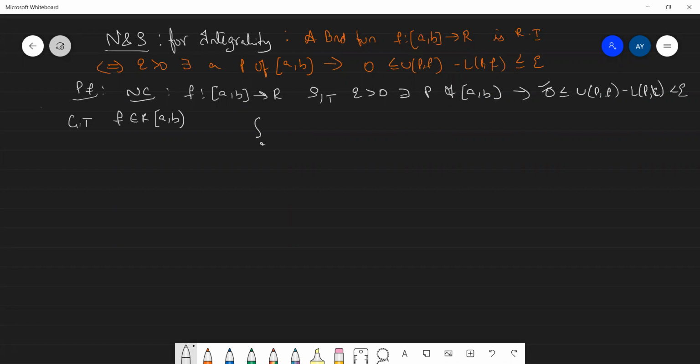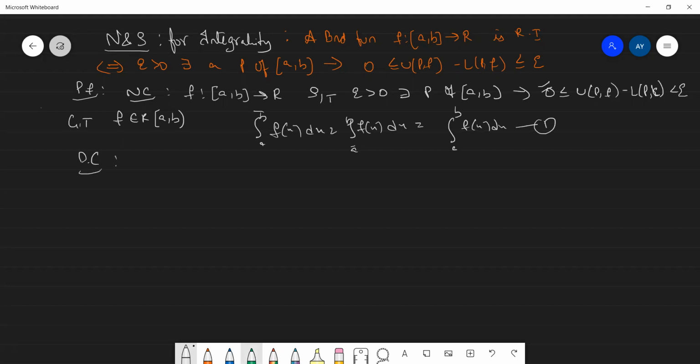The upper integral a to b of f of x dx is equal to the lower integral a to b of f of x dx is equal to the integral a to b of f of x dx. So this is a condition that we have. Make a note of this by the Darboux condition.